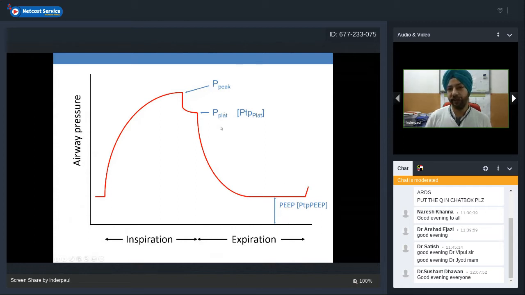And the synonyms of these terms, if you use an esophageal balloon and measure pleural or esophageal pressure, which reflects the transpleural pressures, you will say it as PTP plat, that is transpulmonary plateau pressure, or transpulmonary positive end-expiratory pressure. So just remember these terms.